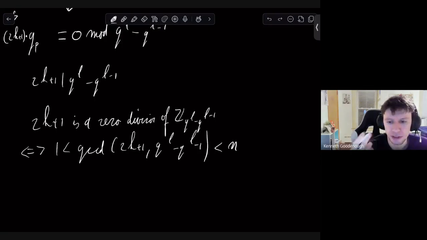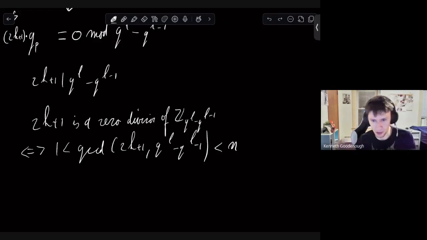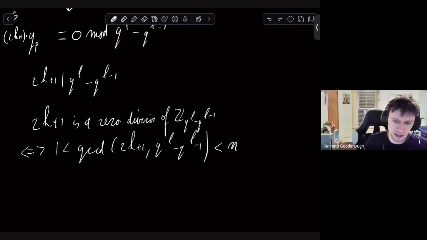To be clear, we are really excluding here the case of a zero divisor that is zero, because we were dividing by p minus 1, and when we translate that back into the cyclic group picture, that exactly works out.